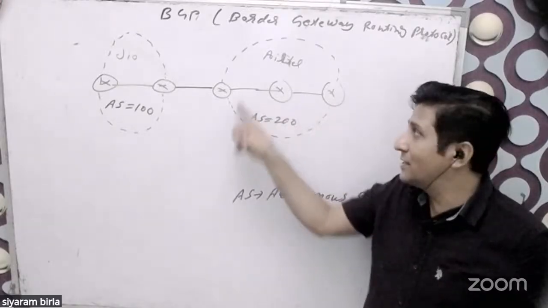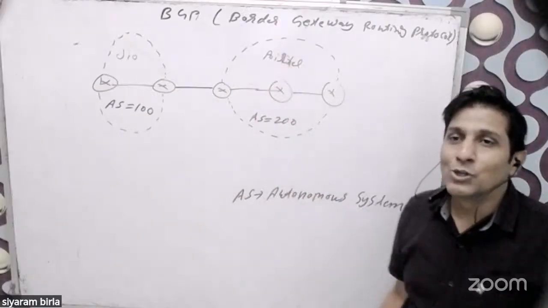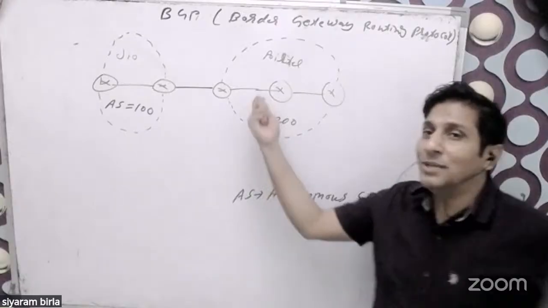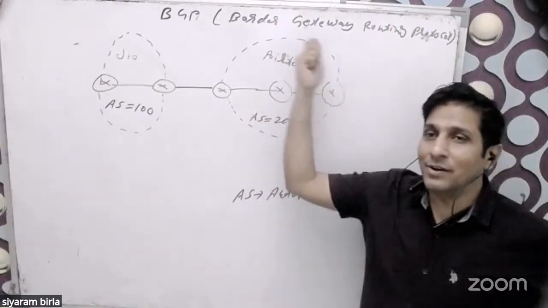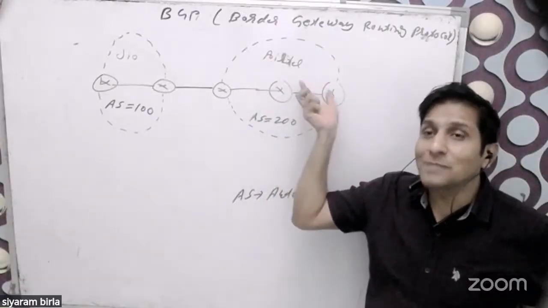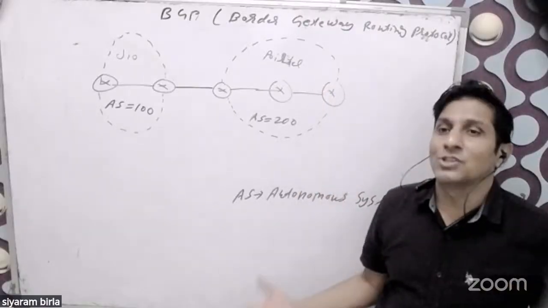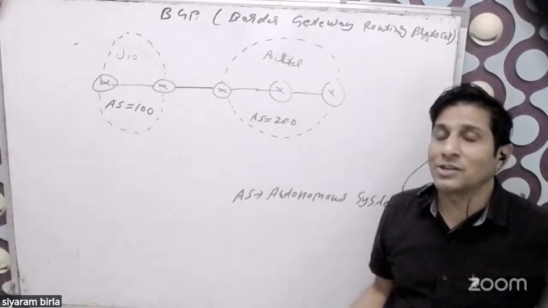The whole Airtel team will manage this AS. So the AS number is a logical boundary of routers managed by a single entity, single organization, or single administration.